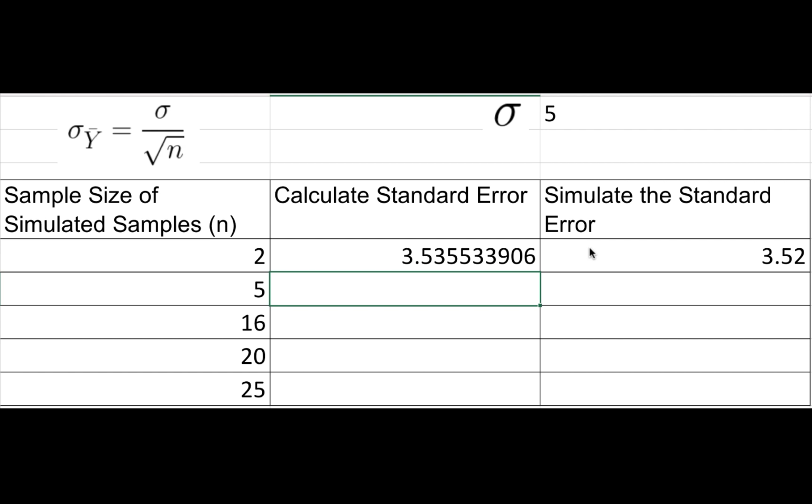Interesting. I wonder if the same thing will work for sample sizes of 5. Okay, so here's 5 divided by the square root of 5. We predict from the central limit theorem that the standard error will be 2.24. I wonder if it'll be pretty close when we simulate it.